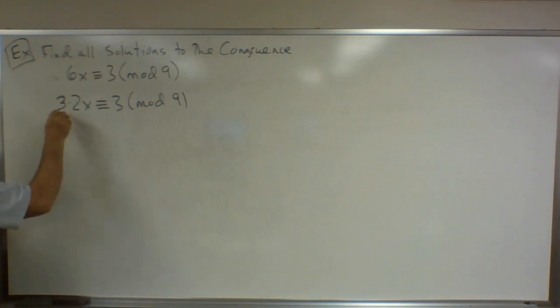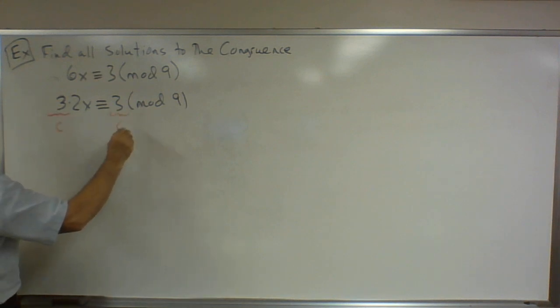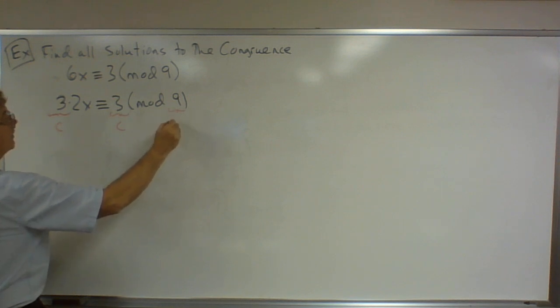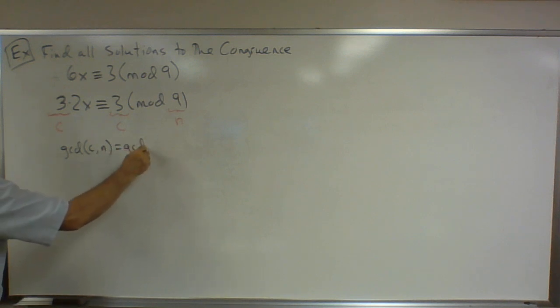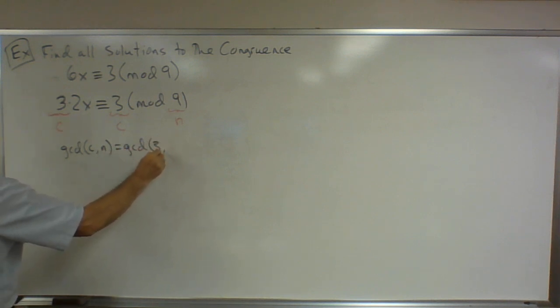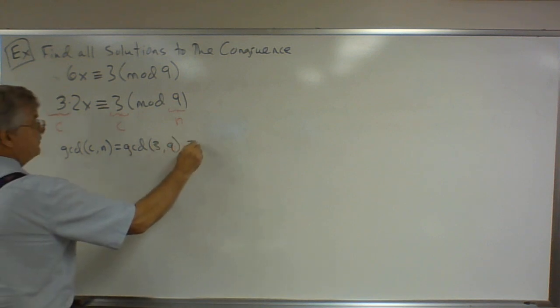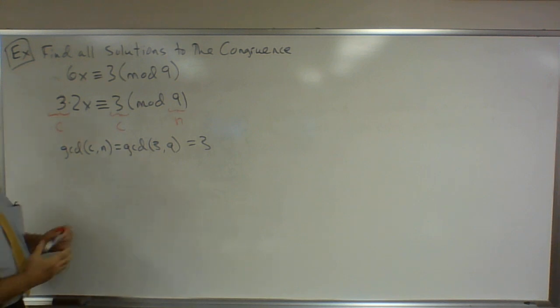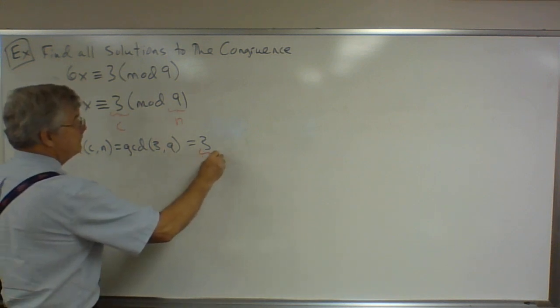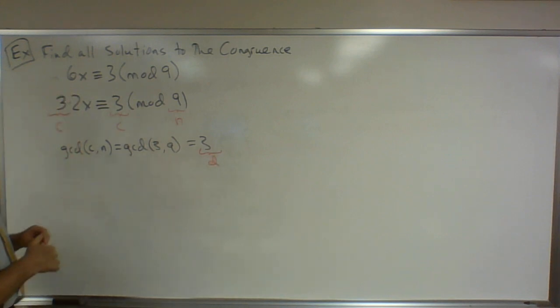And here's our C. The greatest common divisor of C and N is the greatest common divisor of 3 and 9, which is 3. So this is our D, our greatest common divisor.